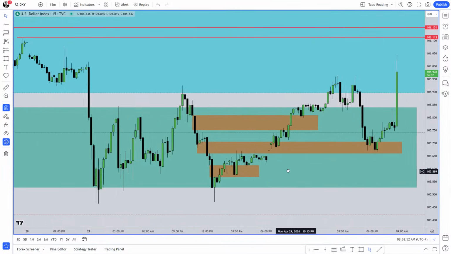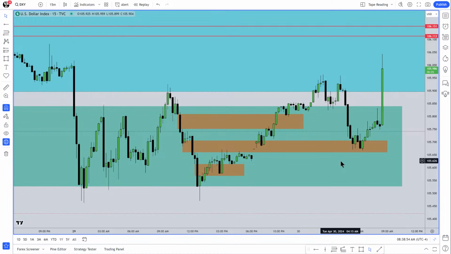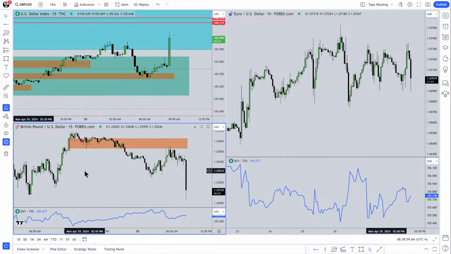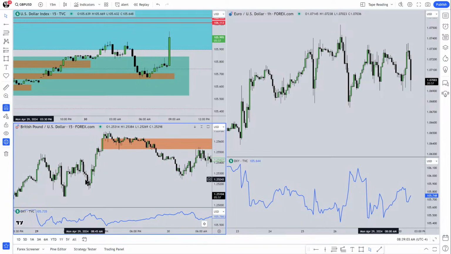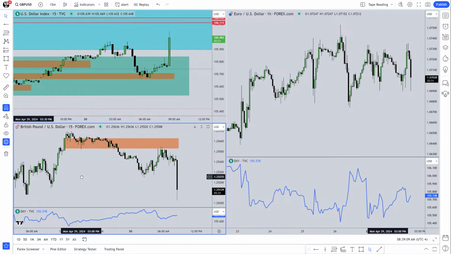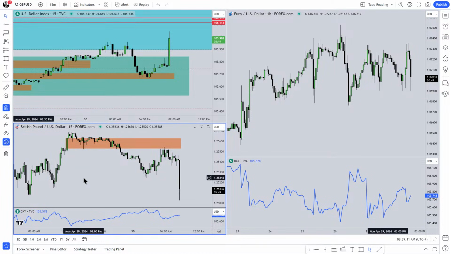So if you look at how this relates to the pound. All right, make sure I'm on the same time frame. Yes. All right, so I hope I had this up on the chart when I first started the live stream.